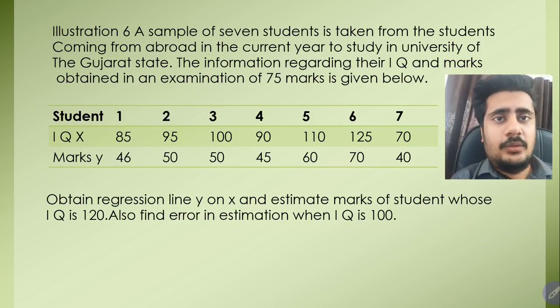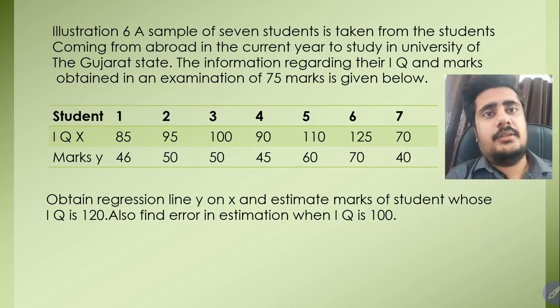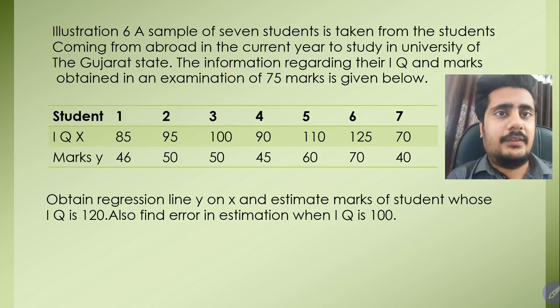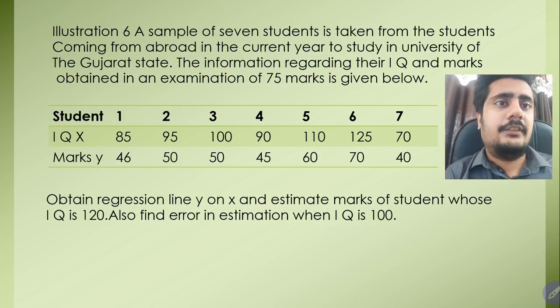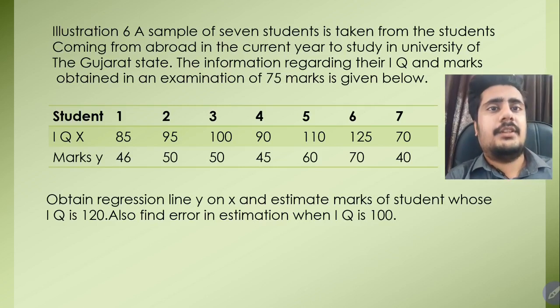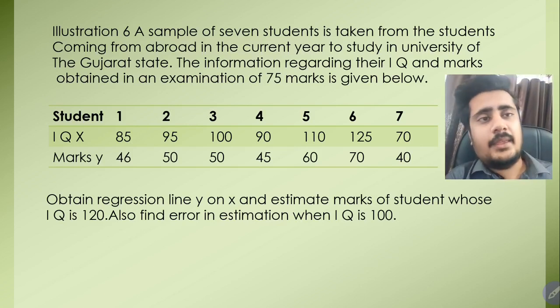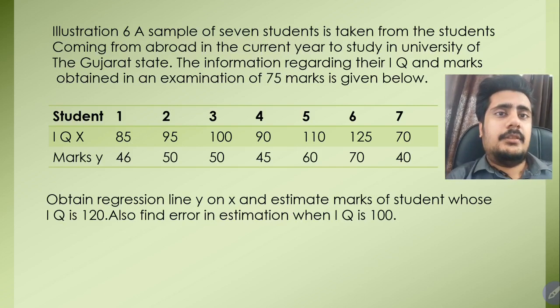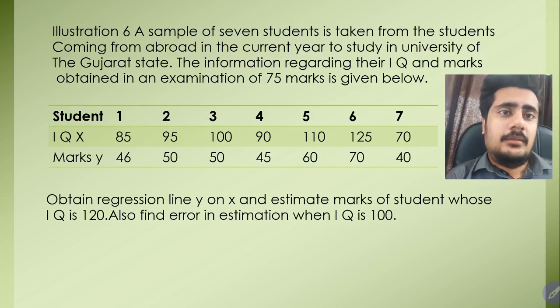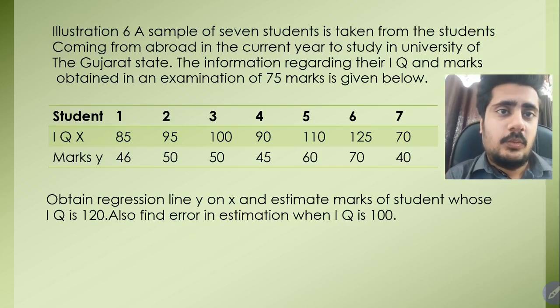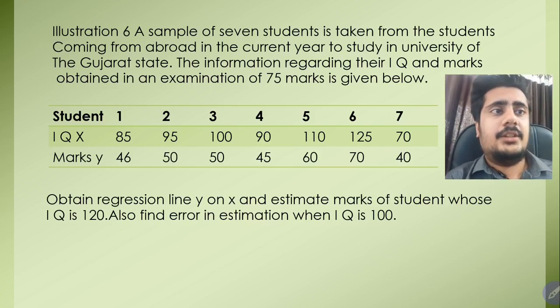So what is the data given in the question? Data is x given and y given. What is x? It's 85, 95, 100, 90, 110, and what is y? It's 46, 50, 50, 45, 60, 70, 40. There are multiple questions. Just focus on the question. One question is you have to find the regression line y on x.